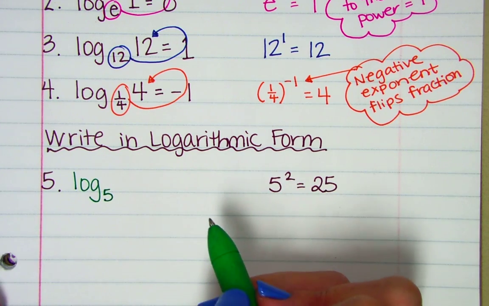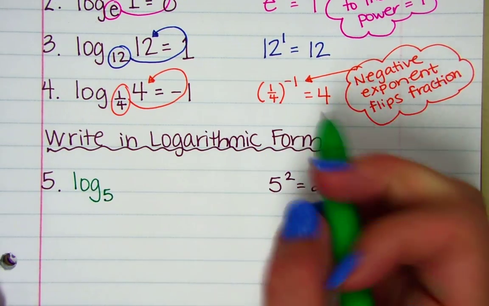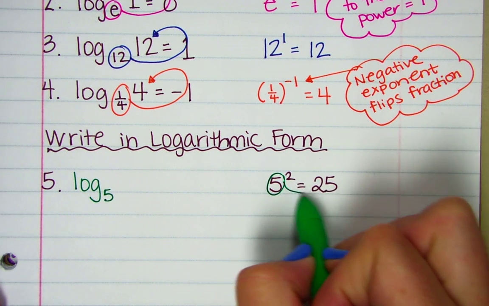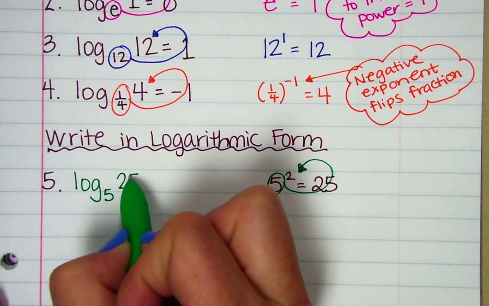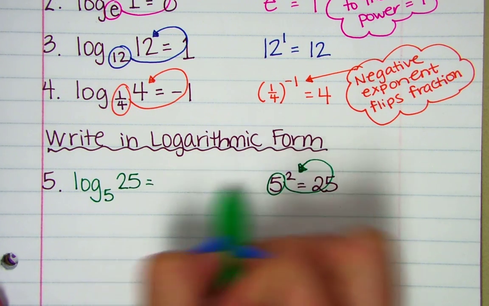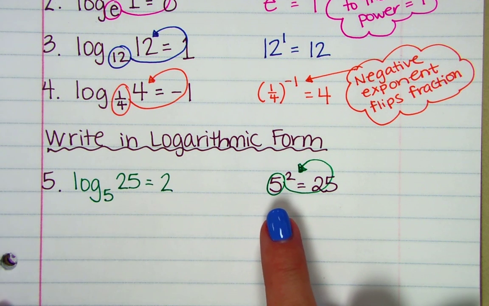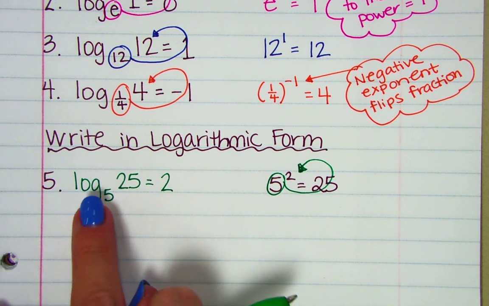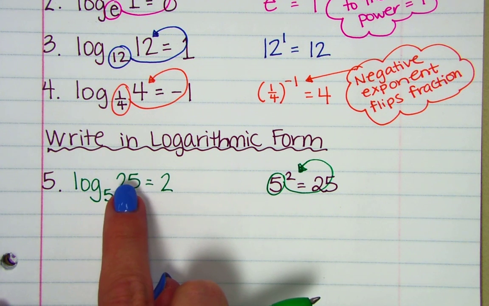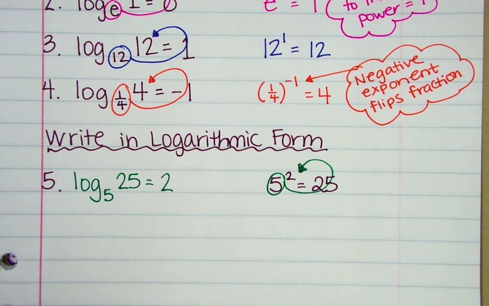Now, the good thing about this is you can still use the same rule with the circle and the loop like I did up here. If I start with 5 and I go around, 5 to the 25 equals 2. You can still use the looping mechanism. Because when the log is trying to say 5 to the what power is 25? 2. 5 to the 2 power, second power.